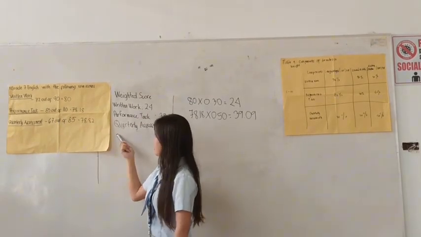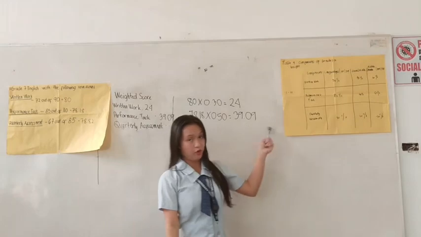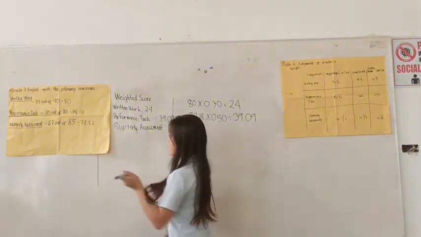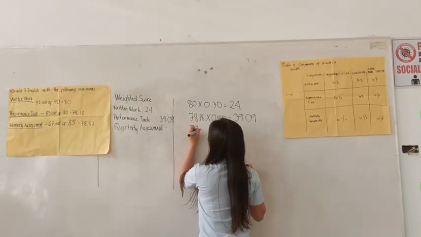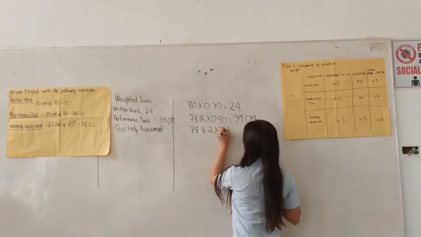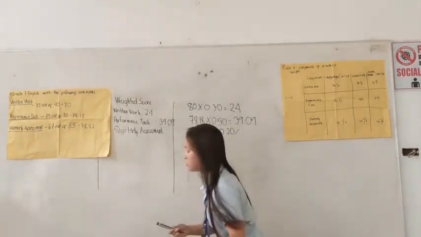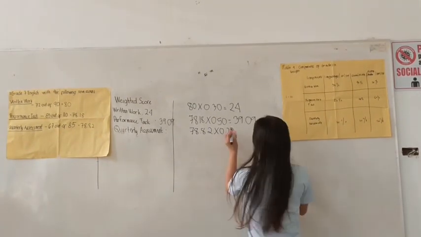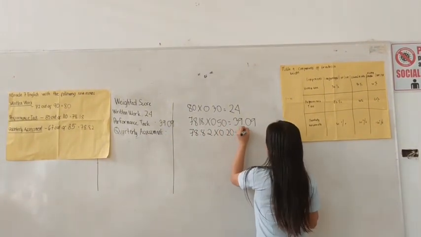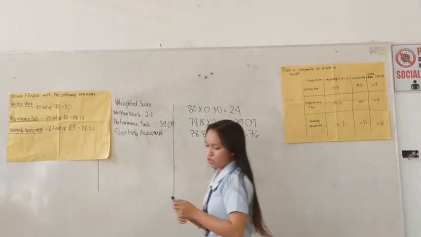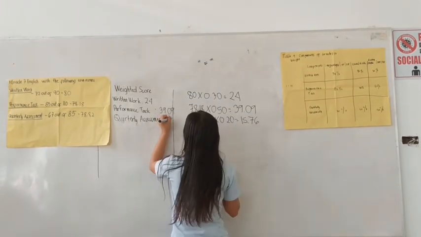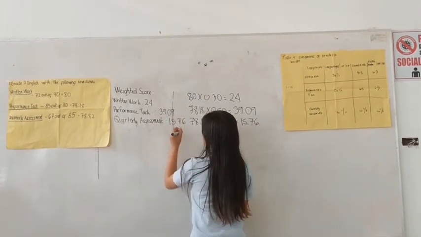To get the weighted score, we will again use the table. You can see that quarterly assessment is 20%. So 78.82 is multiplied by 0.20. The answer is 15.76. So the weighted score in quarterly assessment is 15.76.